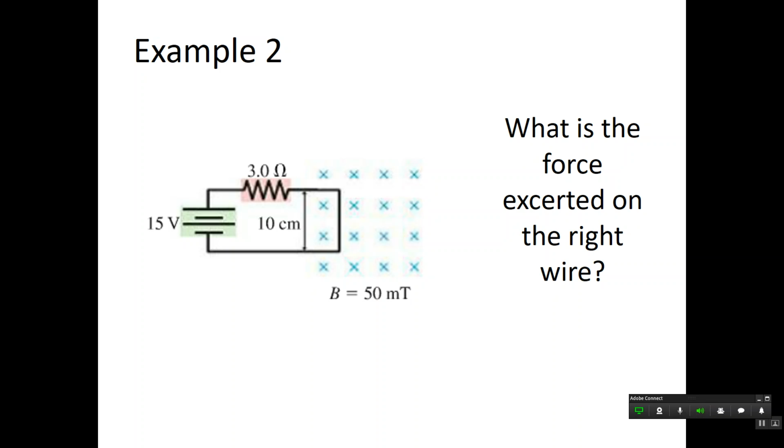Okay? I should see your right hand. Which way is the current going? Down. Okay, so we know our current's going downwards. That should help you a little bit.